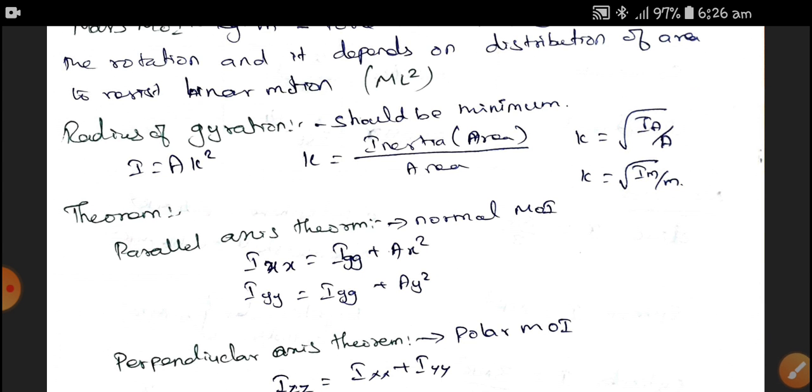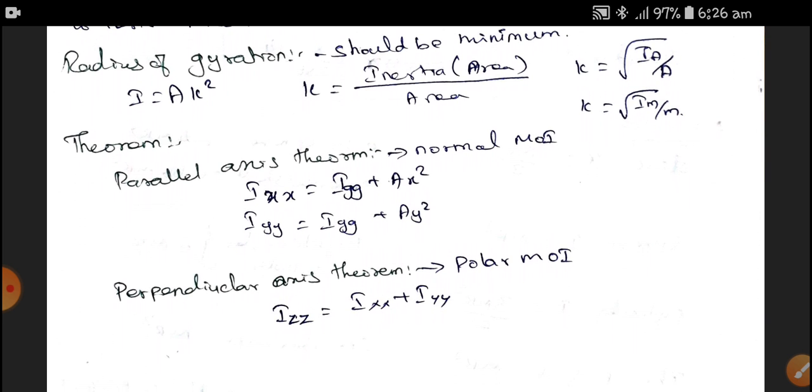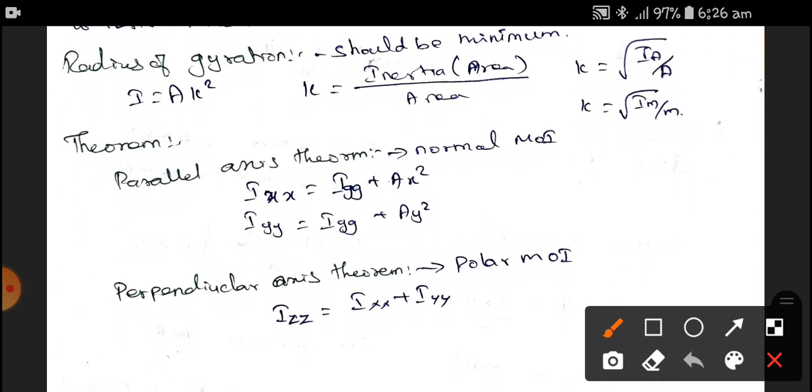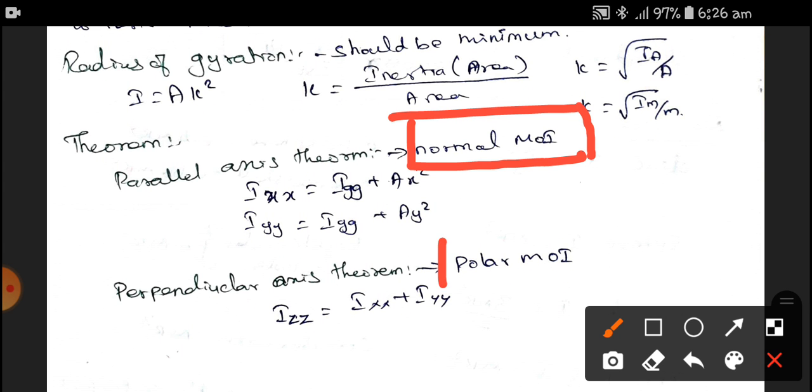Next, the moment of inertia is governed by two theorems: the parallel axis theorem and the perpendicular axis theorem. With the parallel axis theorem, we get only the normal moment of inertia. With the perpendicular axis theorem, we get the polar moment of inertia.